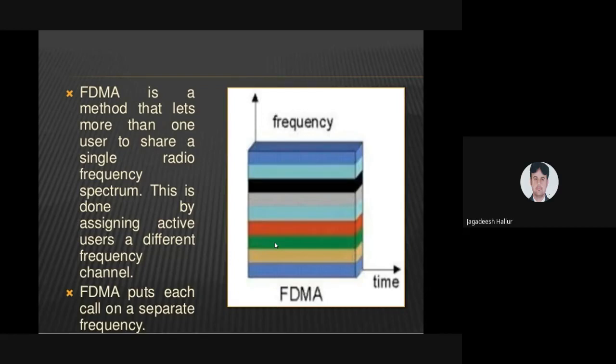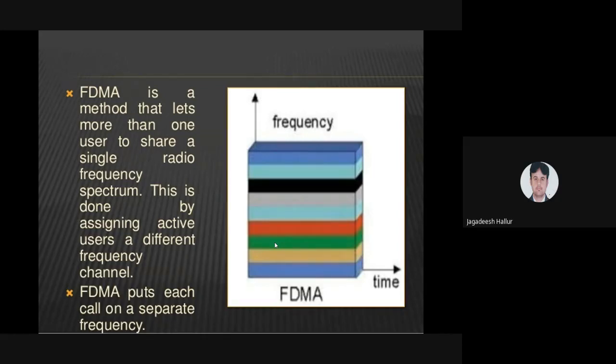Previously they used a separate frequency band for individual users. Nowadays it is not like that. The frequency band goes on changing when a request is made, and the channel also changes. For multiple calls, multiple channels are assigned.